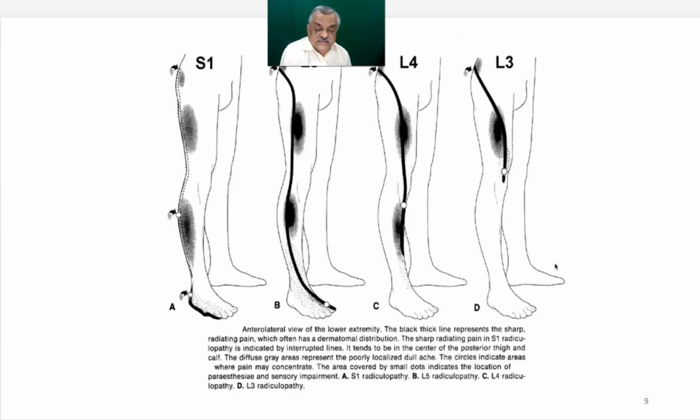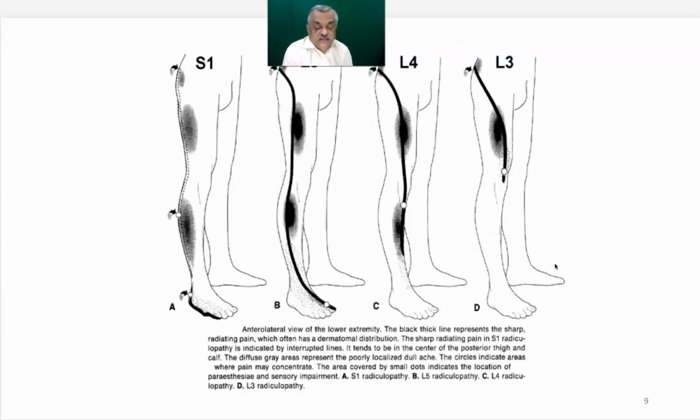And the circles are where the pain may be concentrated. In case of S1, it may be the calf and the heel. In case of L5, the big toe. In case of L4, the tibial tuberosity or the upper part of the shin. And in case of L3, it could be the lower part of the anterior thigh or peripatellar or inside of the patellar area.